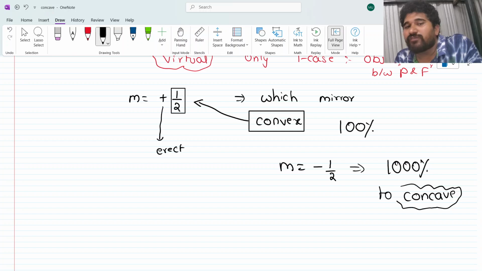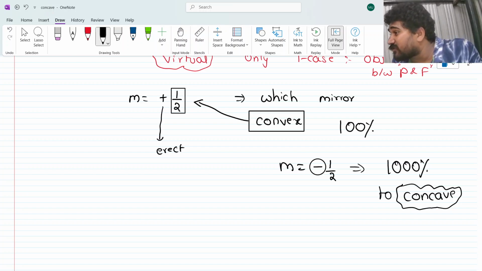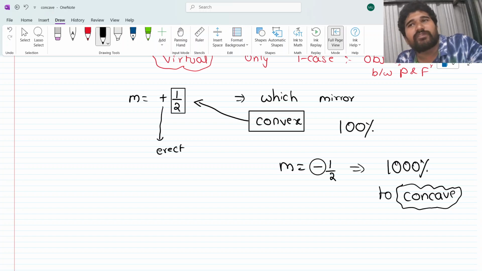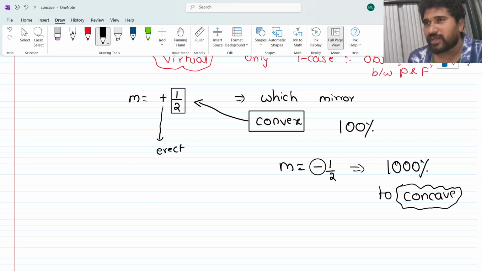Because a convex mirror can never form an inverted image. If I say M is negative, it is always concave. Is that clear for everybody? Understood everybody? Now, I hope you are clear right there.